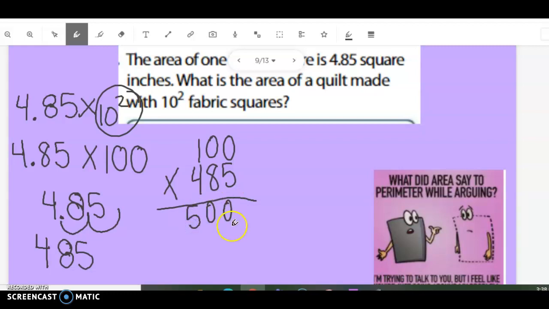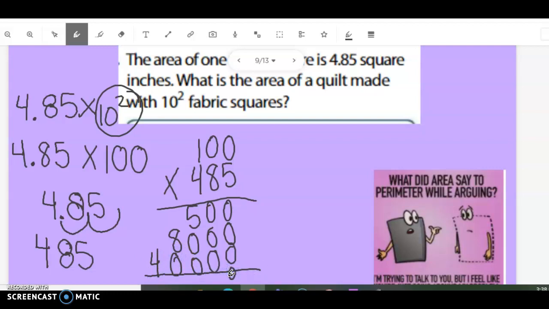Then I'll put my 0 in to hold my place. 8 times 0 is 0, 8 times 0 is 0, and 8 times 1 is 8. Then I'm going to put my 2 zeros in. 4 times 0 is 0, 4 times 0 is 0, and 4 times 1 is 4. All right, so that leaves me with all these partial products to add up.